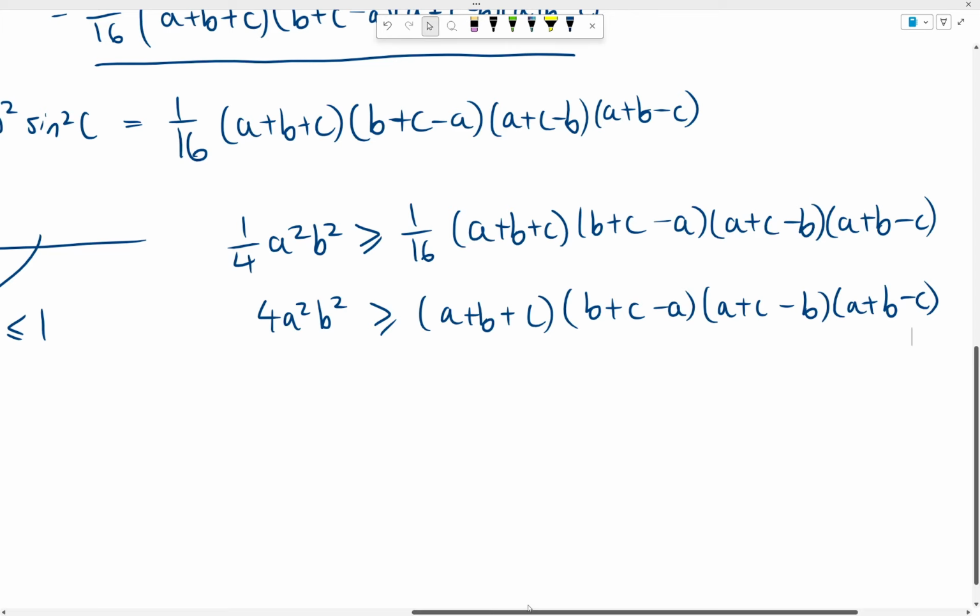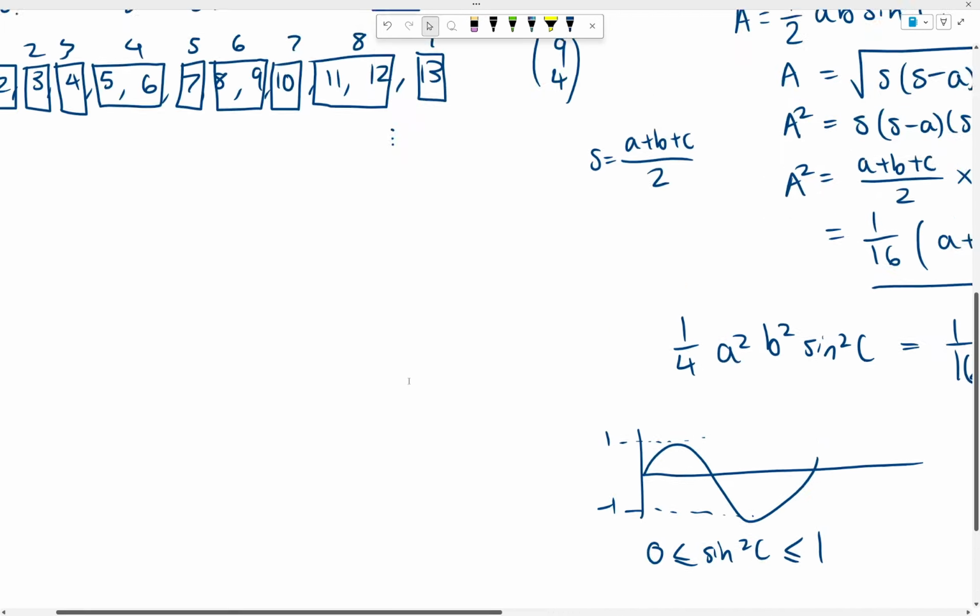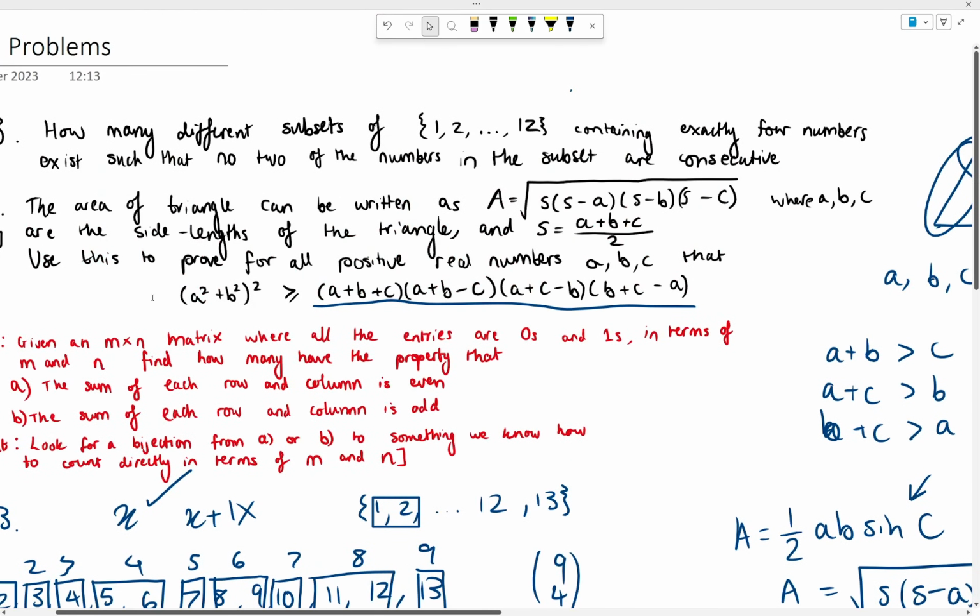And now I'm going to go back and look at what the question actually wanted us to prove, and it's to prove that it's greater than or equal to this thing here.